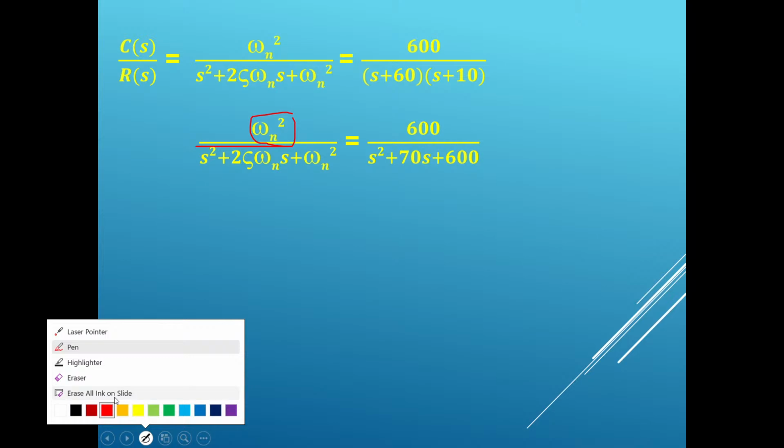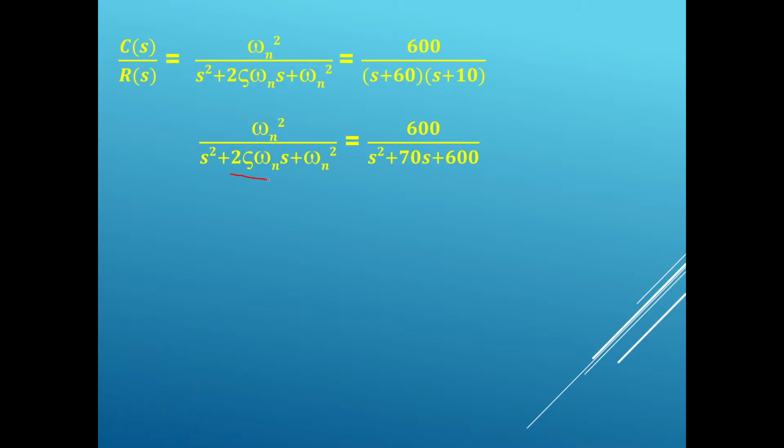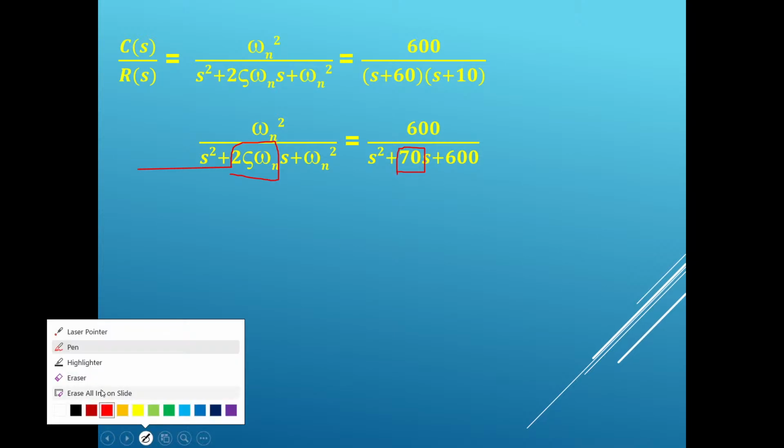And one more thing, this 2 zeta omega n is the coefficient of S, isn't it? Here 70 is the coefficient of S. So 70 is equal to 2 zeta omega n.